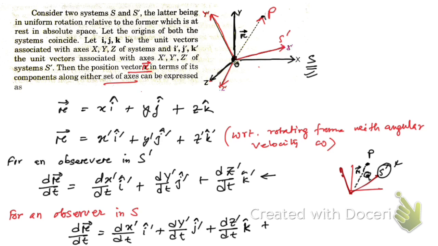For the observer at S, which is at rest, the S dash frame is rotating. So in that case we have to add three more terms here.